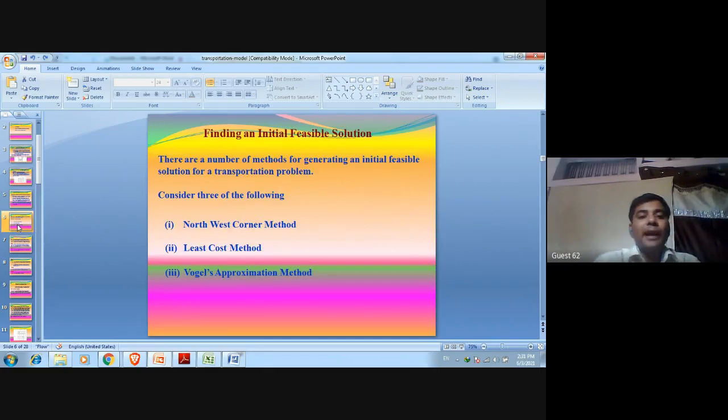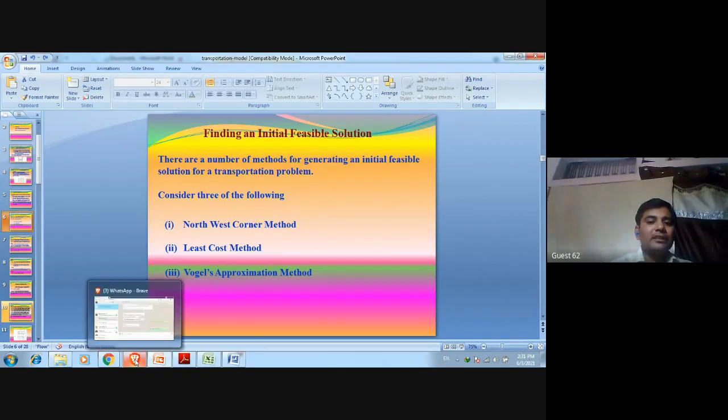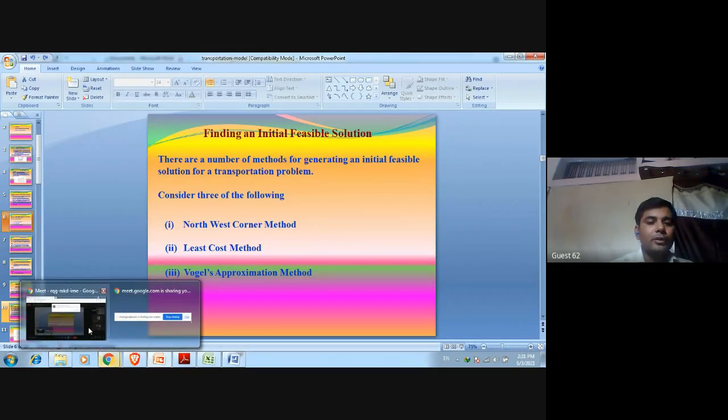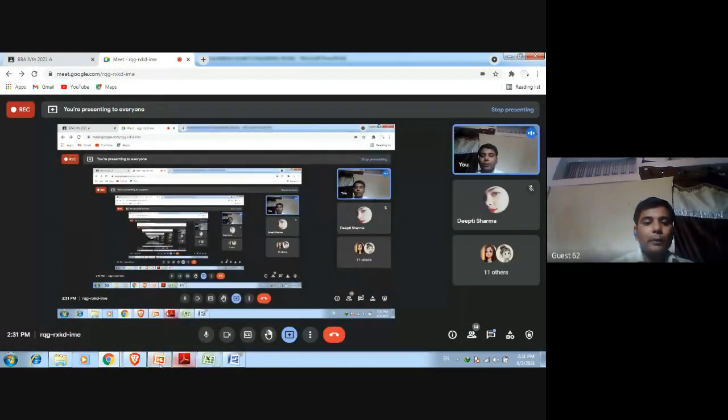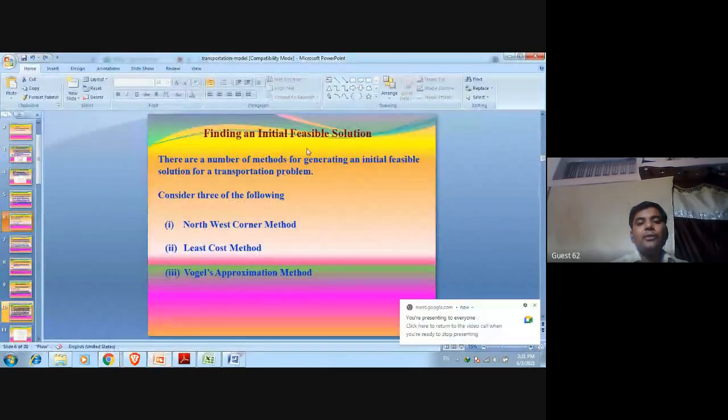Now, finding an initial feasible solution. There are a number of methods for generating an initial feasible solution for a transportation problem. Consider three of the following. We have to consider only three. The first one is the northwest corner method, NWCM, also called NWCR, northwest corner rule.